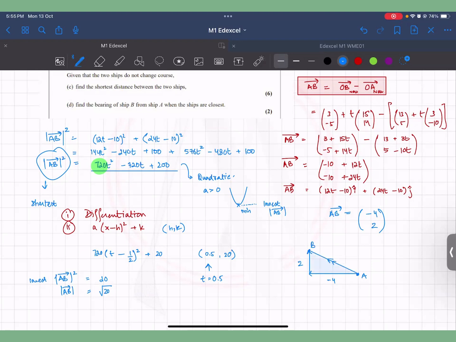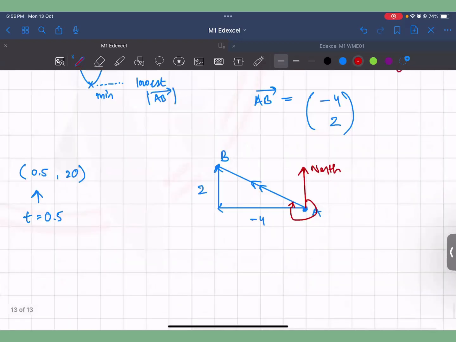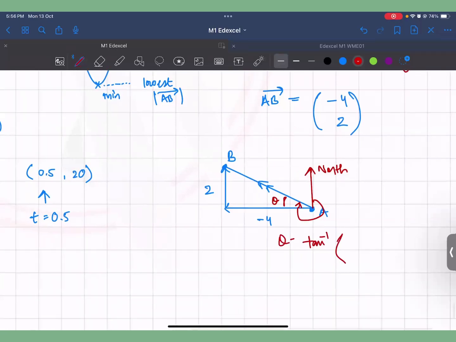Then they're asking you to find the bearing of ship B from A. B from A means that your north will be at A. So they're asking you to get this angle. First you can get this angle theta, which would be tan inverse of opposite over adjacent.